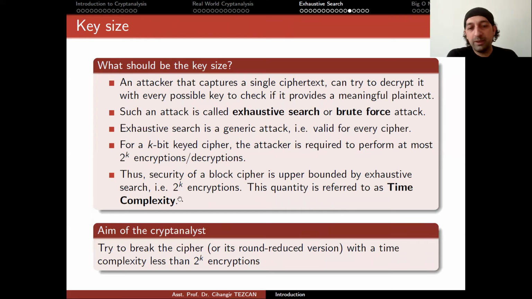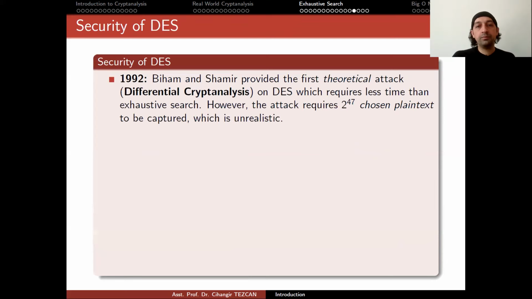Since we can always break a cipher by performing 2 to the k encryptions, the aim of cryptanalysis is to break the cipher or its round-reduced version with a time complexity less than 2 to the k encryptions. Otherwise, it wouldn't be better than a generic attack like brute force.